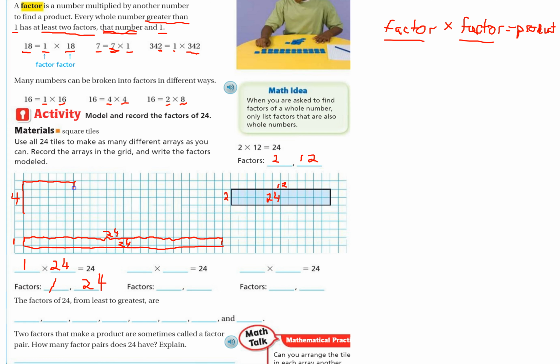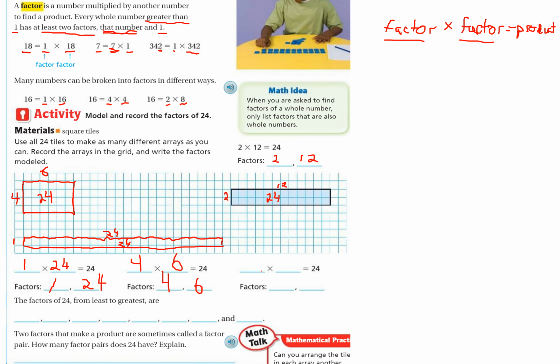And then I close it off. So now I made an array of 4 by 6. That's going to be 24 total on the inside. If I counted all the little boxes inside, I would count 24. So that's 4 by 6, and the factors are 4 and 6.